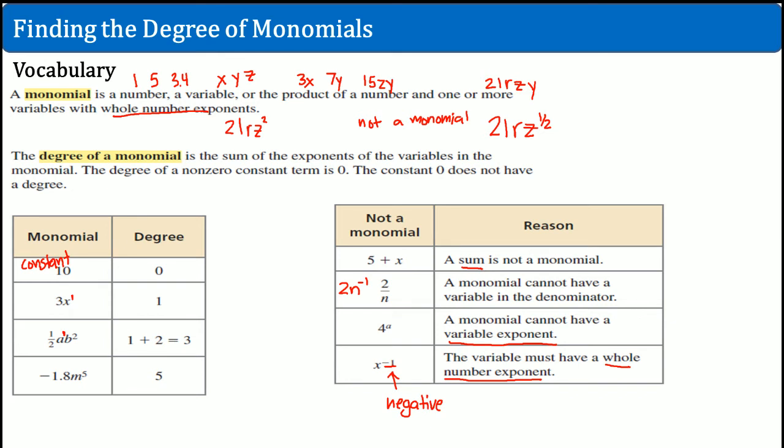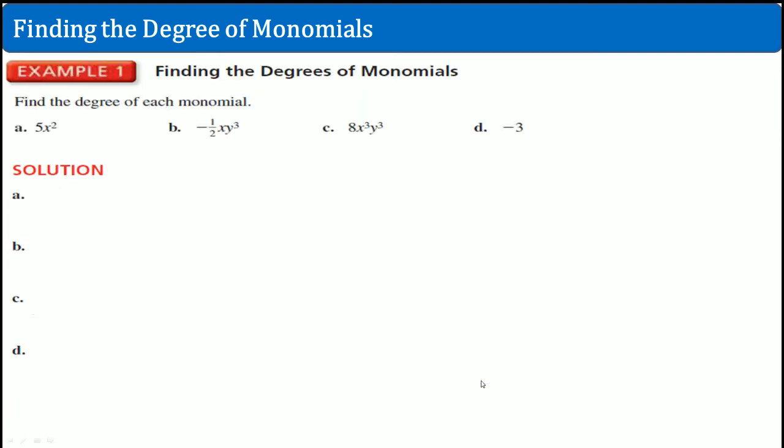So again, you could take your time in writing these notes. The next part. Based on the information that you have, you're going to find the degrees of each monomial. Here you have A, B, C, and D. You could take this time to work this out. You can pause the video if you would like.